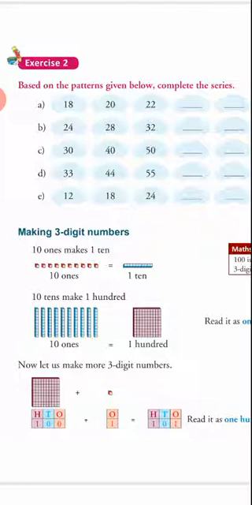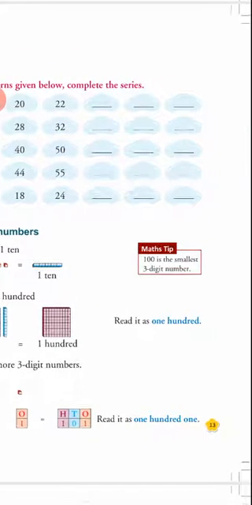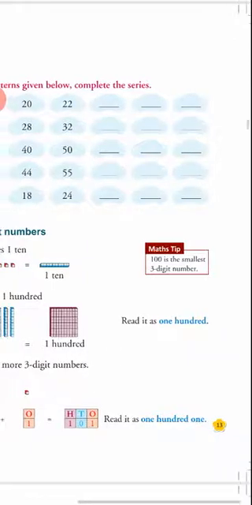Now you can see here we have skip count by twos. That means two numbers are having the difference of 2. So we have 18, 20, 22. Then after we will be having 24, 26 and 28.